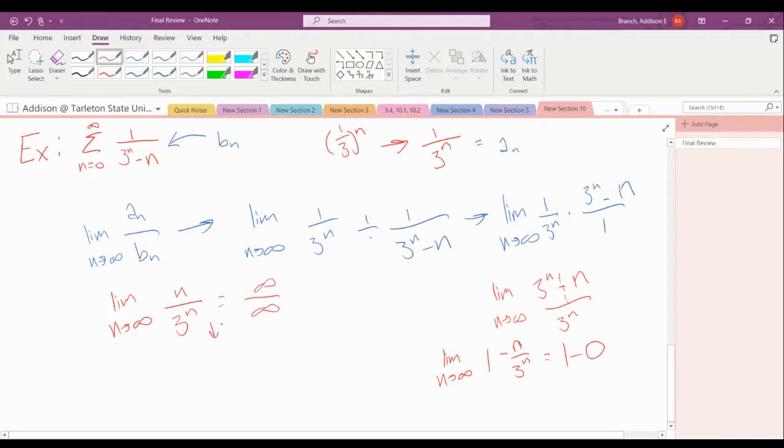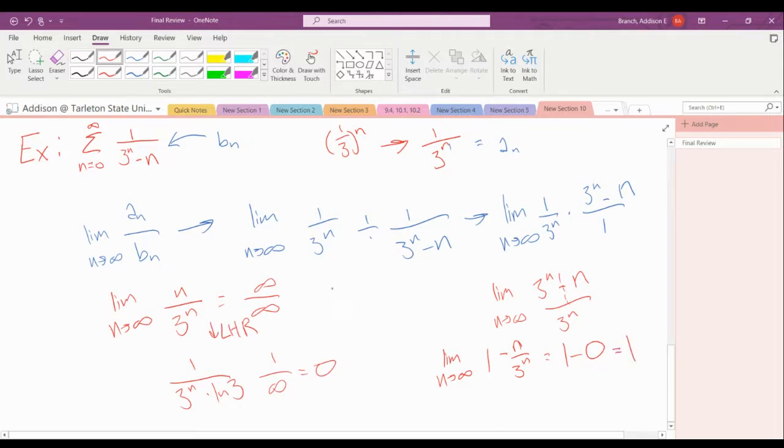We can use L'Hopital's rule to take care of that, where we get 1 over 3 to the n times natural log of 3, which gives us 1 over infinity, which is 0, so we're still good over here. Therefore, our limit of the full thing is 1.